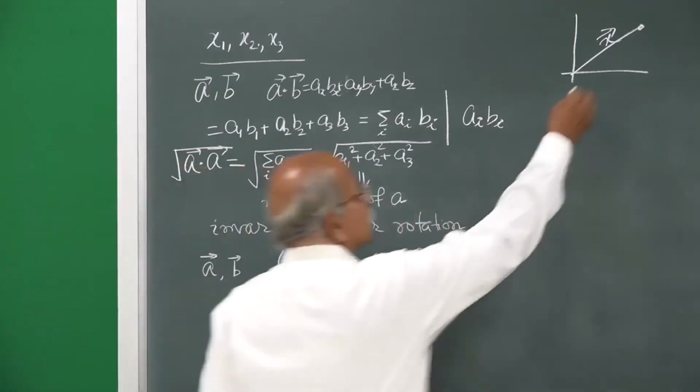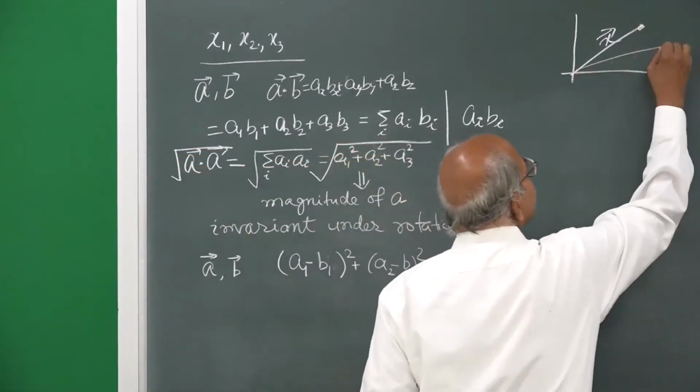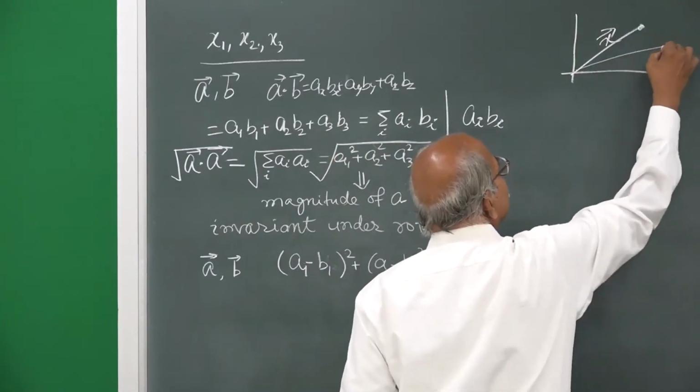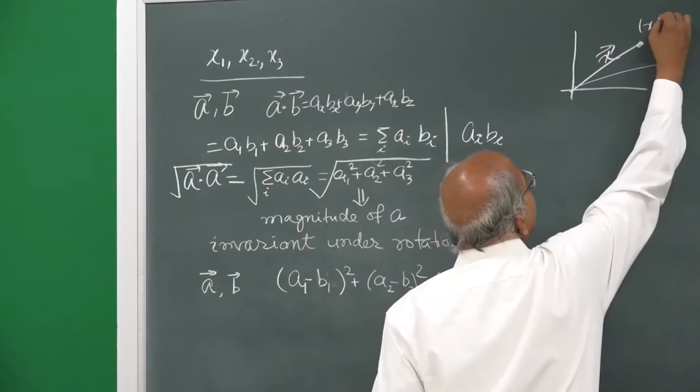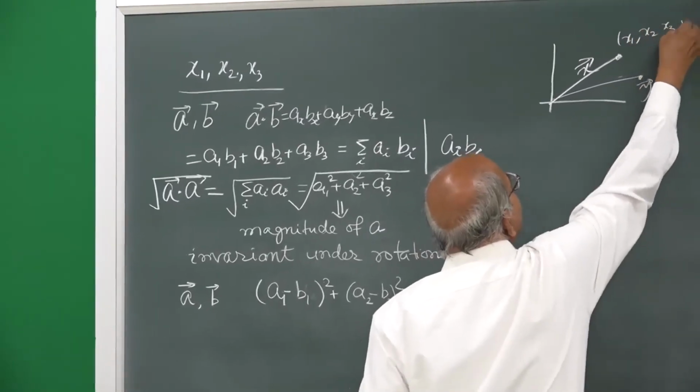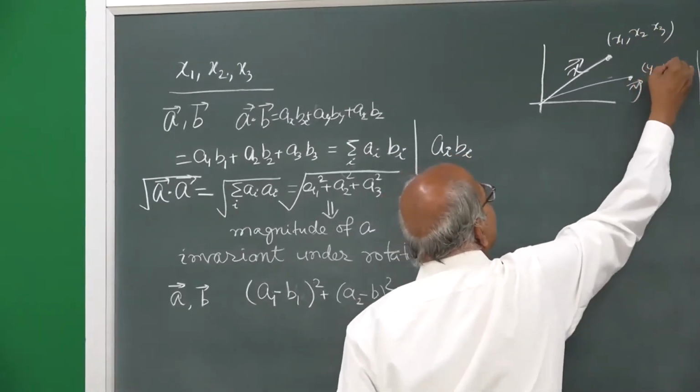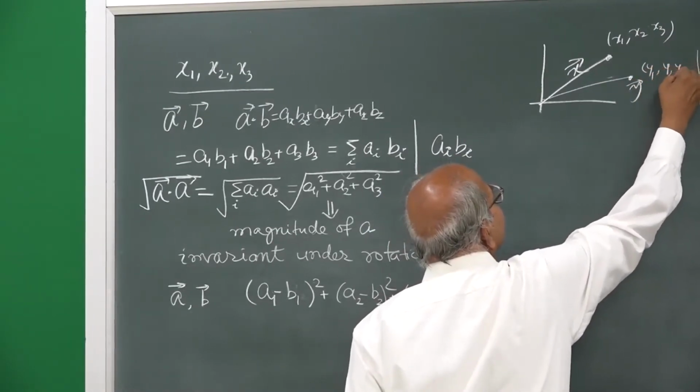Think of two position vectors, one is here and one is here. So, here this is say y vector. So, here the coordinates are x1, x2, x3, and here the coordinates are y1, y2, y3.